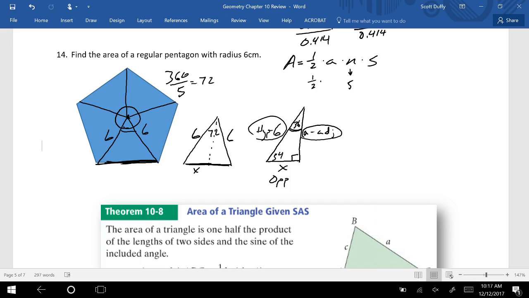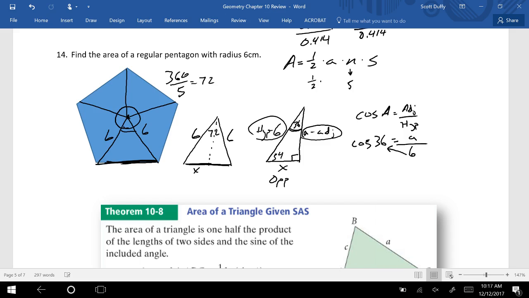Adjacent and hypotenuse is the cosine. So I say the cosine of the angle equals adjacent over hypotenuse. Cosine of 36 equals adjacent, A, don't know it, over hypotenuse, 6.